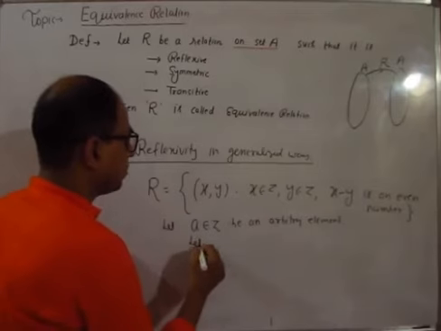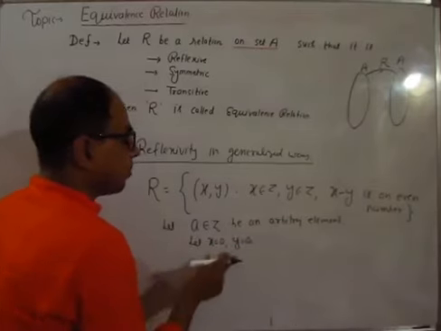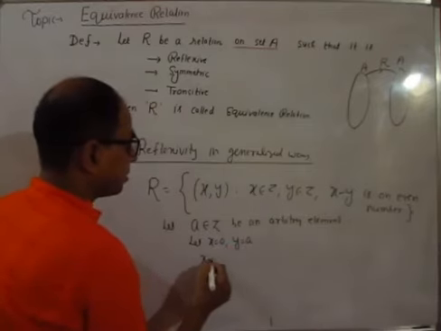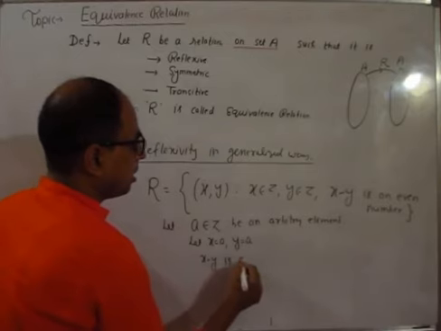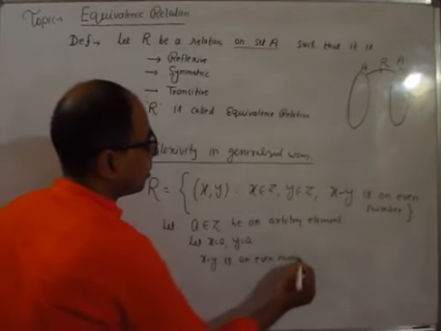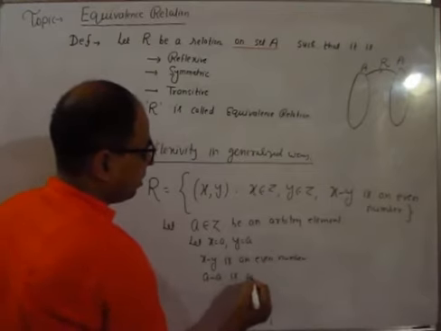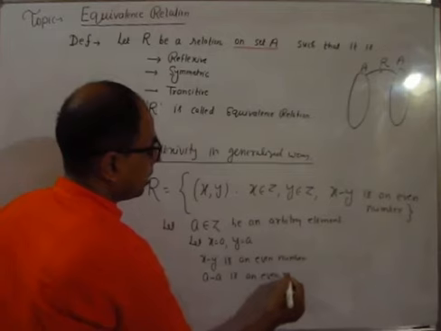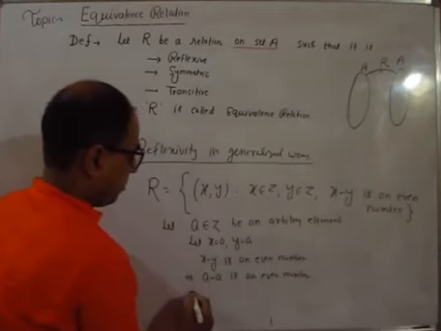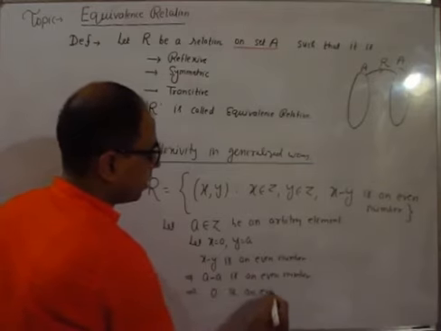So let x equal a and y equal a. Now put these values in the given relation, x minus y is an even number. So a minus a is an even number. This implies 0 is an even number.